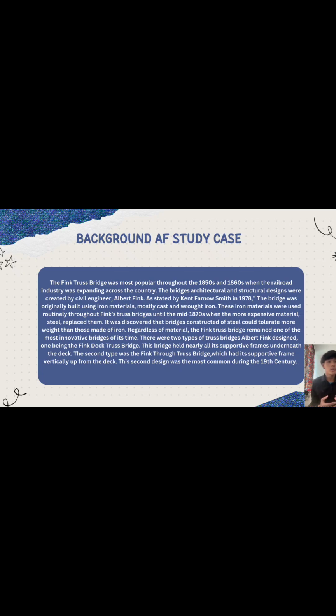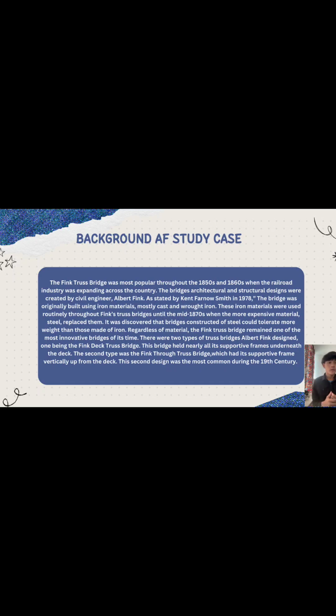This iron material was used routinely throughout Fink Truss Bridges until the mid 1870s, when the more expensive material, which is steel, replaced it. It was discovered that bridges constructed of steel could tolerate more weight than those made of iron. Regardless of material, the Fink Truss Bridge remained one of the most innovative bridges of its time.